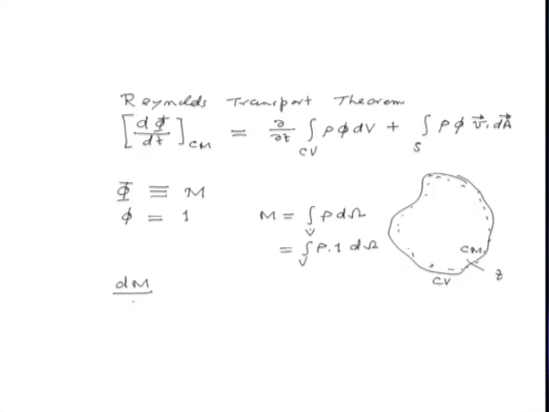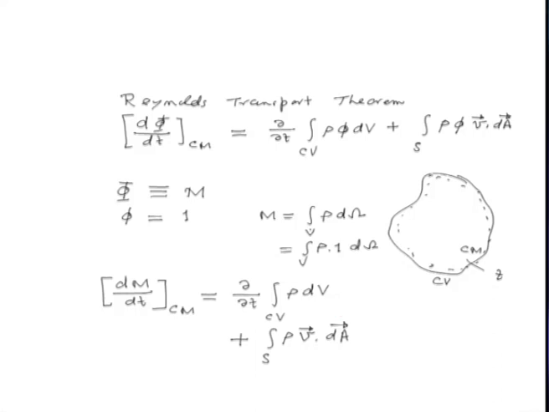So, now let us put small phi equal to 1 on the right hand side, and what we get is dM by dt for a control mass system equal to del by del t of the integral of rho dV plus the surface integral of rho V dot dA.